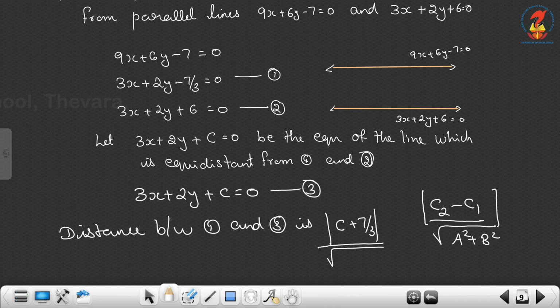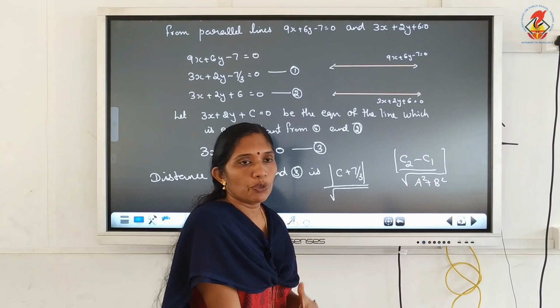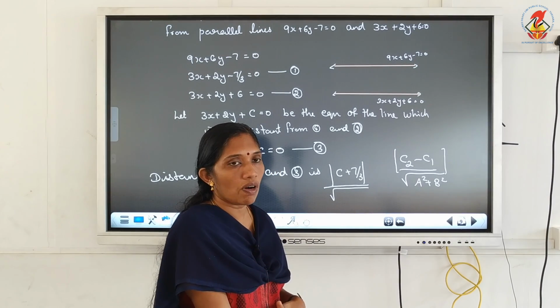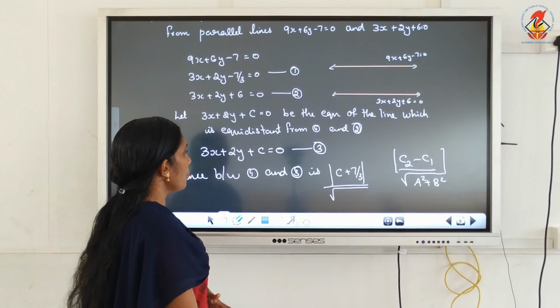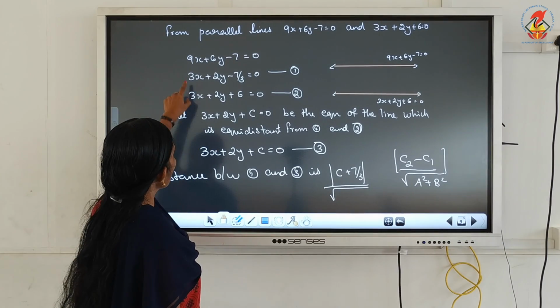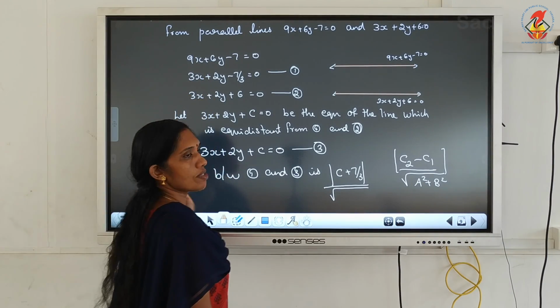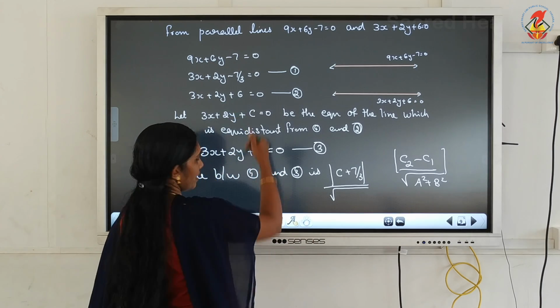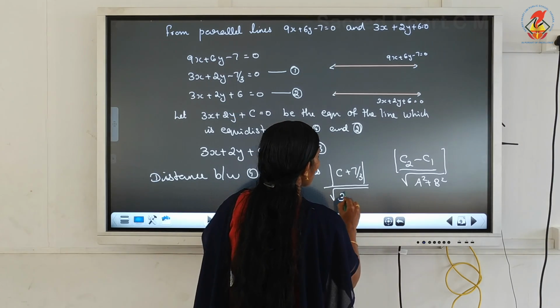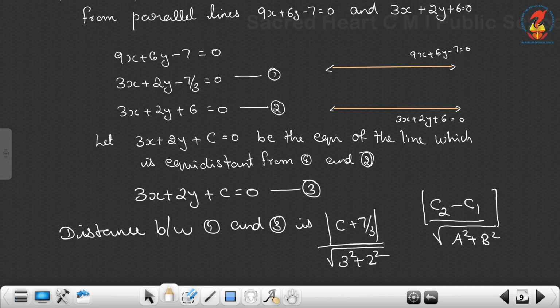Compare all these three equations: the coefficient of x and the coefficient of y are equal, so they are parallel lines, and the constants are not equal. So, a square plus b square, a is 3, b is 2, so 3 square plus 2 square.